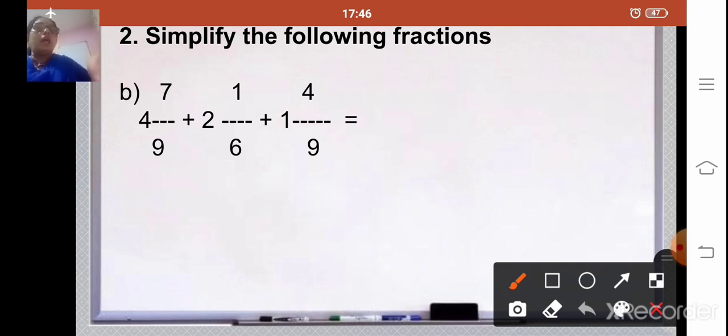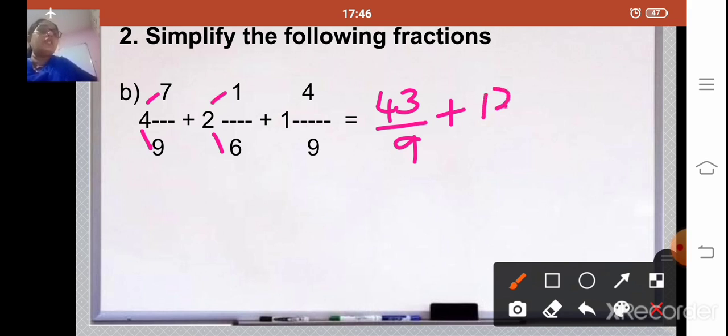The first one, 9 fours are 36 plus 7 will give you 43 upon 9. Plus the second fraction, 6 twos are 12 plus 1, that is 13 upon 6. The third fraction, 9 ones are 9 plus 4, that is 13 upon 9.